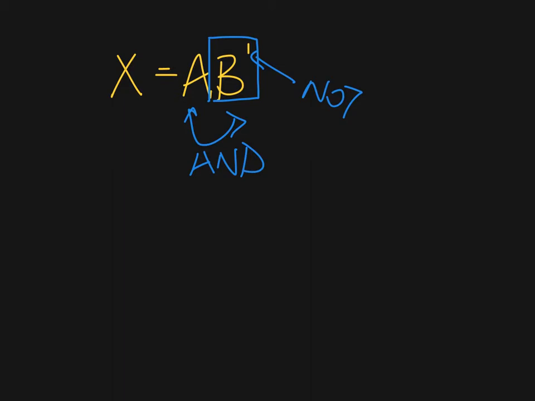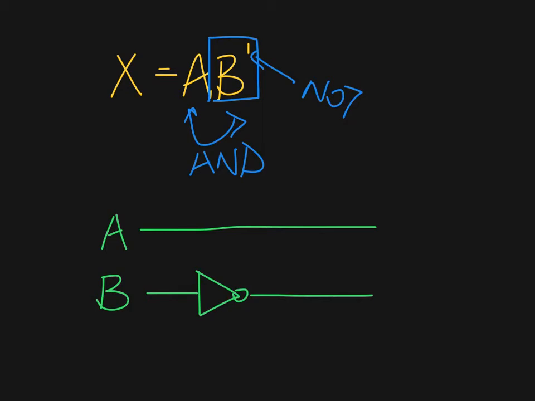So let's take it each a piece at a time. So we have A, which is going to input. We have B, but B has a not. So we put that through a not and then carry on with that. And they both are multiplied, so there's an AND gate, which is the flat line, and it looks like that. And that describes the combination.